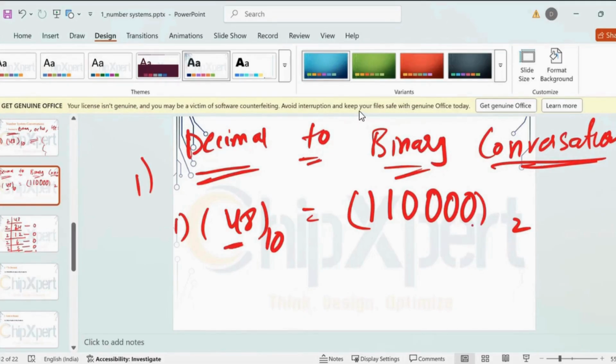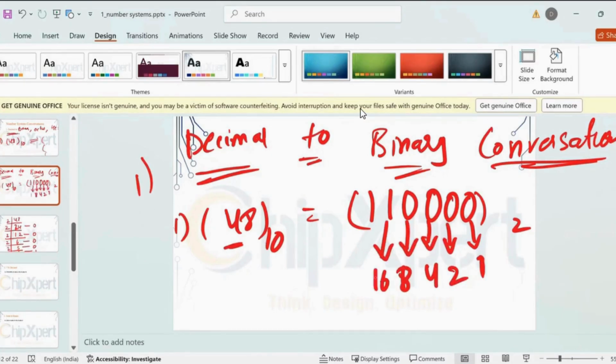The weights are 1, 2, 4, 8, 16, and 32. Zero into anything is 0, so the zeros contribute nothing. Here we add: 1 into 16 is 16, and 1 into 32 is 32. 16 plus 32 is 48. The decimal number is 48 and we got 48, so it is correct. This is rechecking of your conversion.